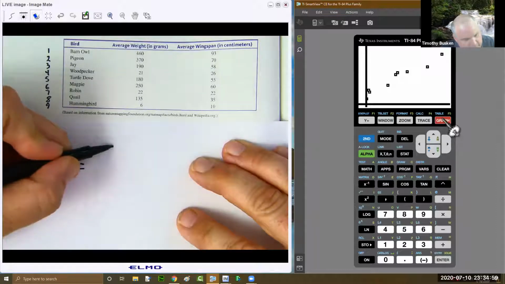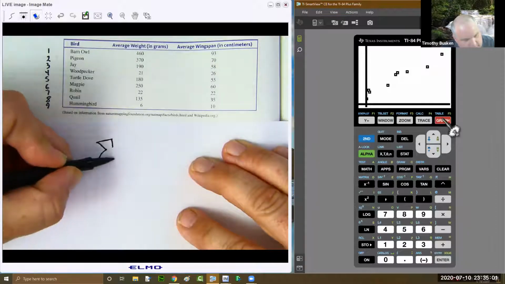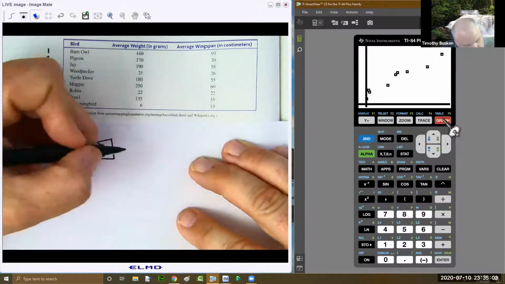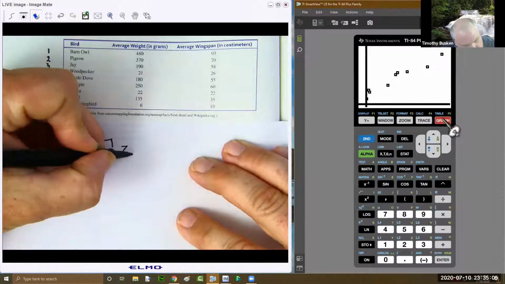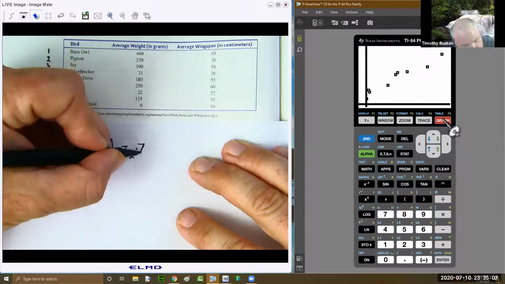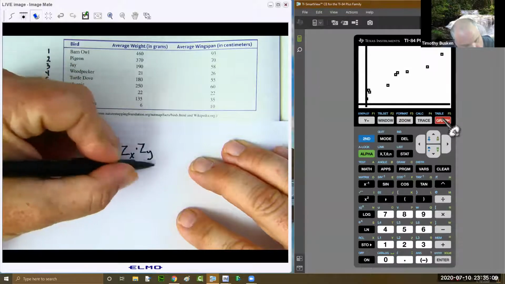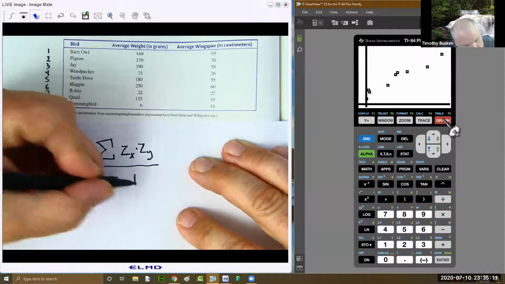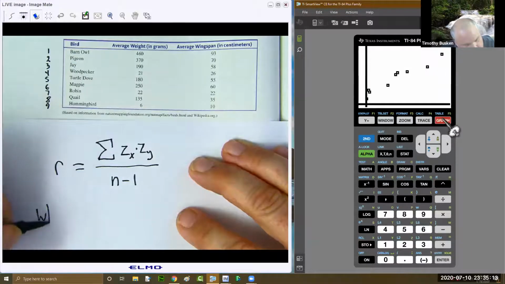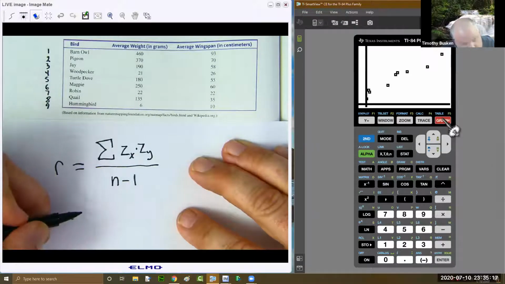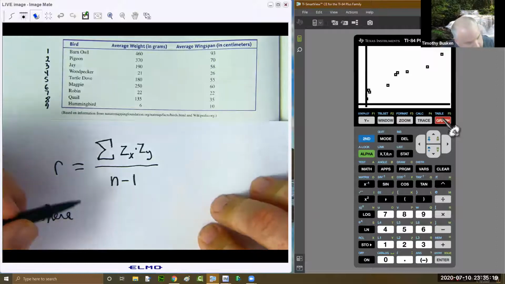It's a clever formula that uses z-scores, and it's just the sum of the products of zx times zy divided by n minus 1, and here n represents the number of observations, so the number of ordered pairs in your data set.